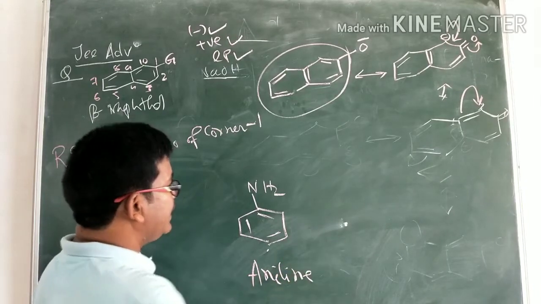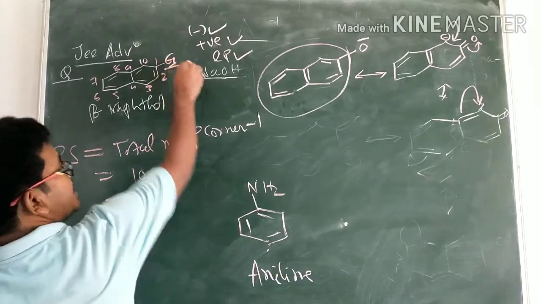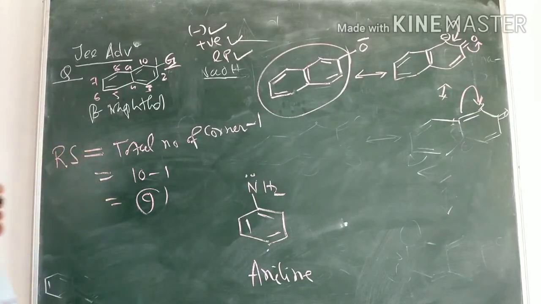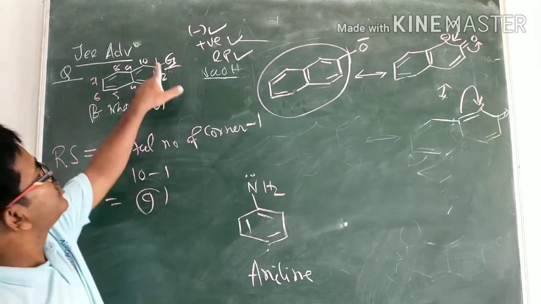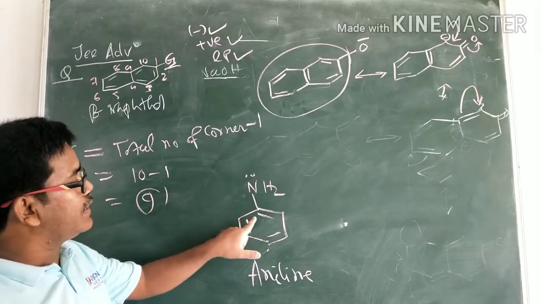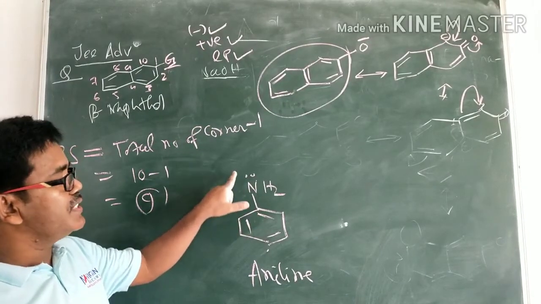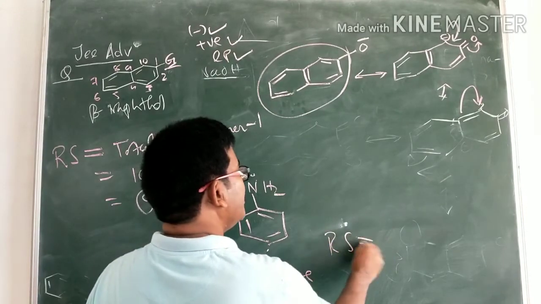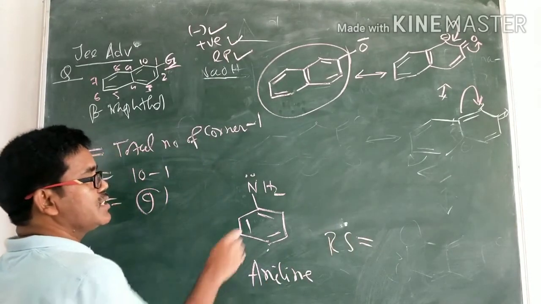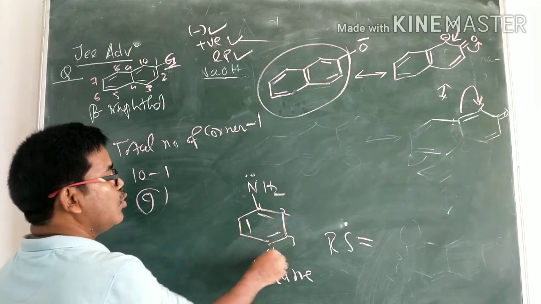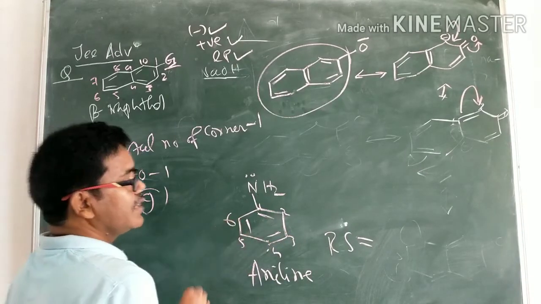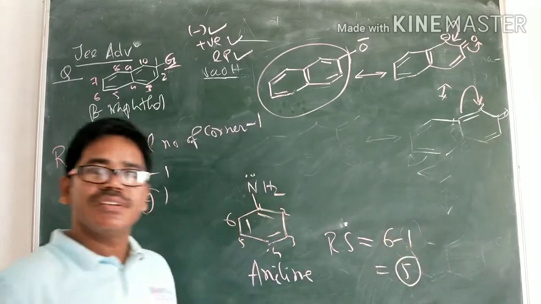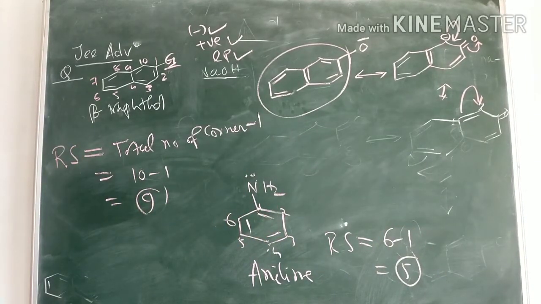Here the G is nitrogen, directly attached, and this nitrogen contains a lone pair. G contains the lone pair. Therefore, here RS will be the total number of corners. How many corners? 1, 2, 3, 4, 5, 6. Therefore, RS will be 6 minus 1, that is 5. It took hardly 5 seconds.